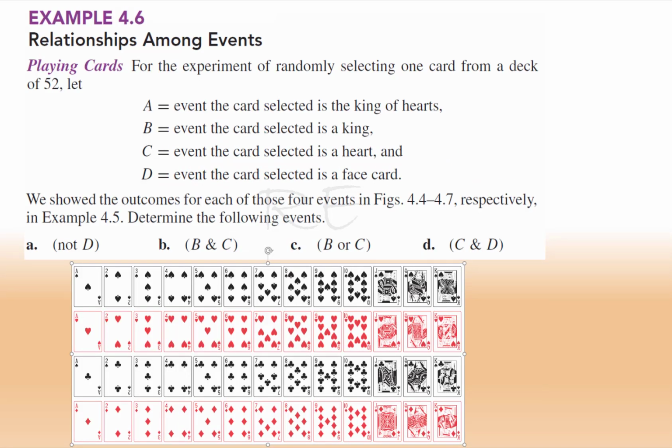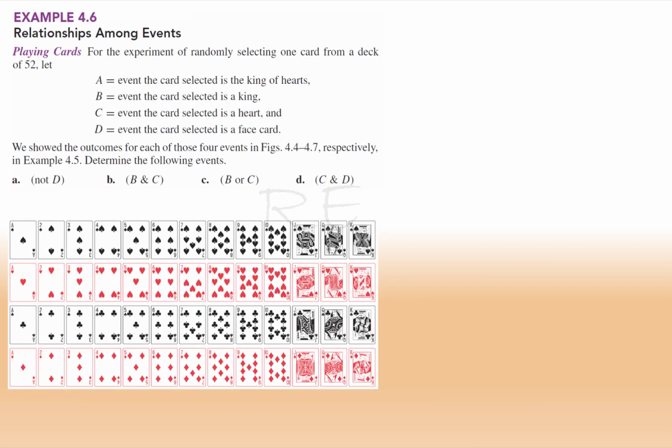Given different randomly selected events from a sample space, we're going to have to figure out their relationships, the relationships among them. Not D, and D represents a face card.